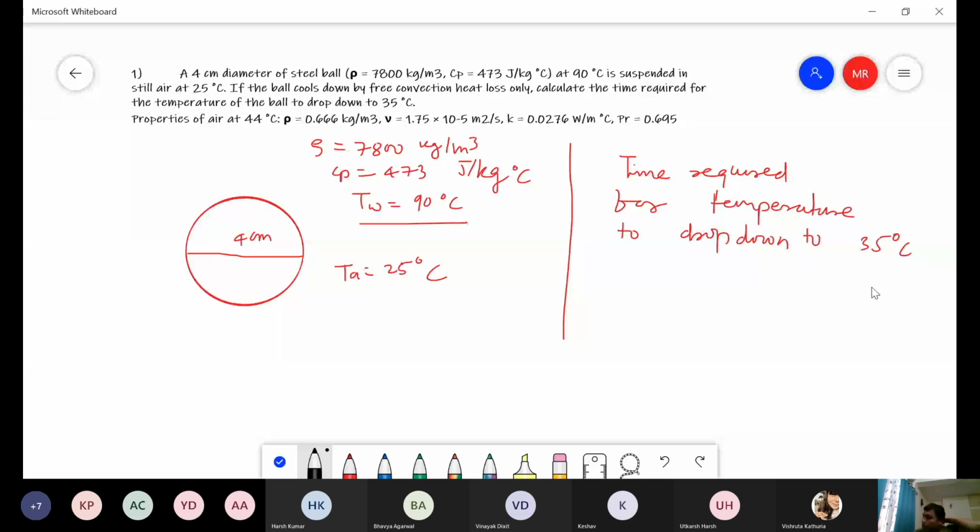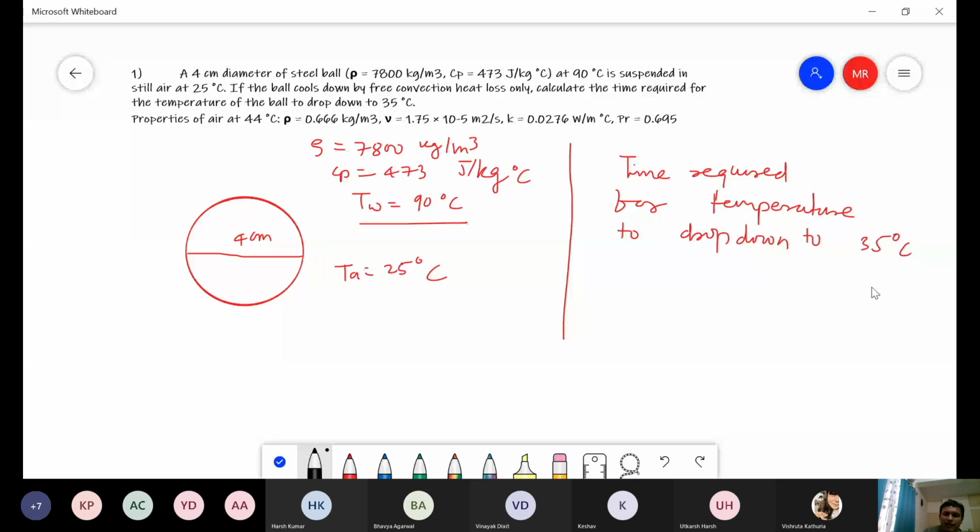But what average temperature? The average temperature has to be the average between the wall temperature and the ambient temperature, isn't it? Wall temperature is 90 degrees Celsius, ambient temperature is 25 degrees Celsius, but that is initially. As time passes, my average temperature is also going to change, because my wall temperature is going to decrease, isn't it? It is going to drop down to 35 degrees Celsius at the end.